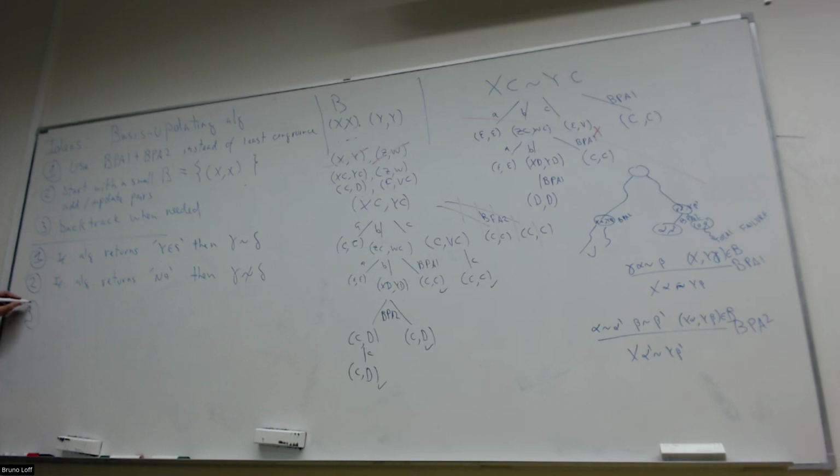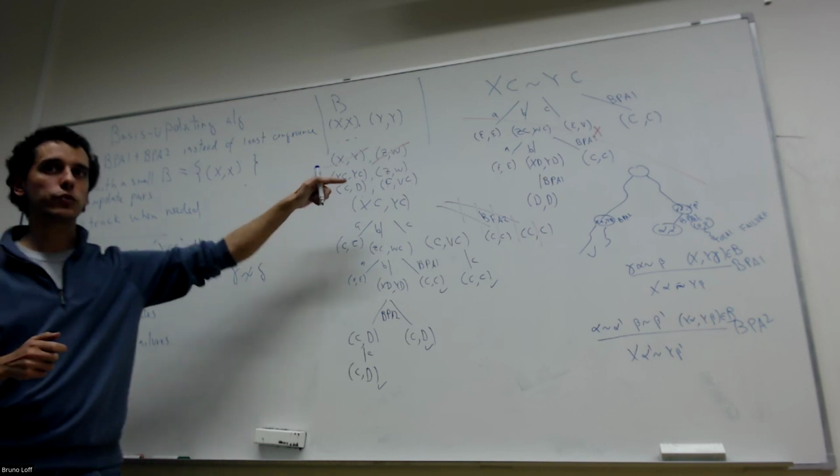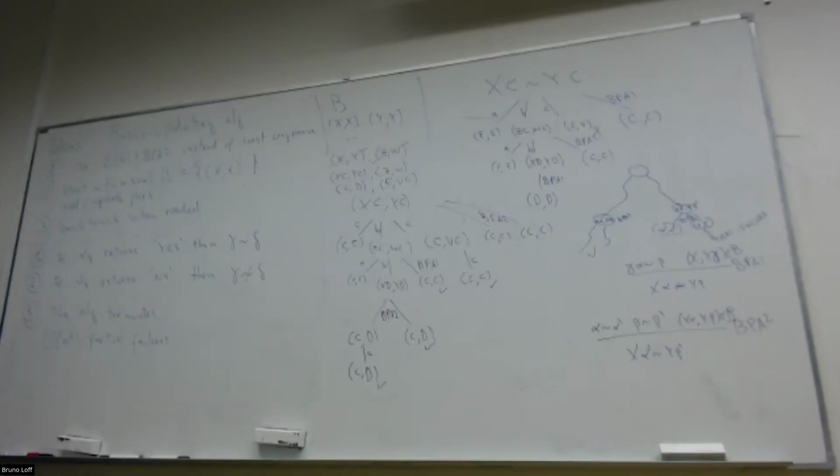And the third is that the algorithm terminates. Okay. And the way to do this is you say that there are at most n squared partial failures, one for each xy pair. Okay. And now between any two consecutive partial failures, the only thing you can do to the tree is add more elements to the tree. You increment the tree.